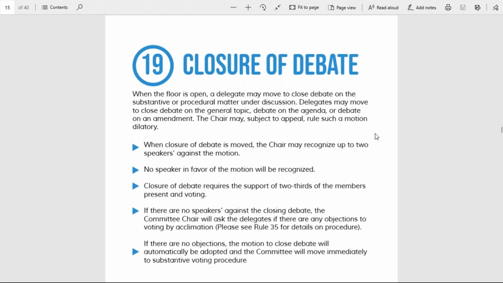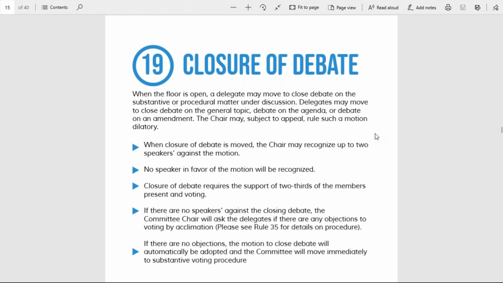So if the chair feels that whatever is being discussed is actually important, they can rule it out of order, essentially. When closure of debate is moved, the chair may recognize up to 2 speakers against the motion. Those who wish to speak for are usually not allowed to speak. And closure of debate requires support of 2/3 of the members present and voting.